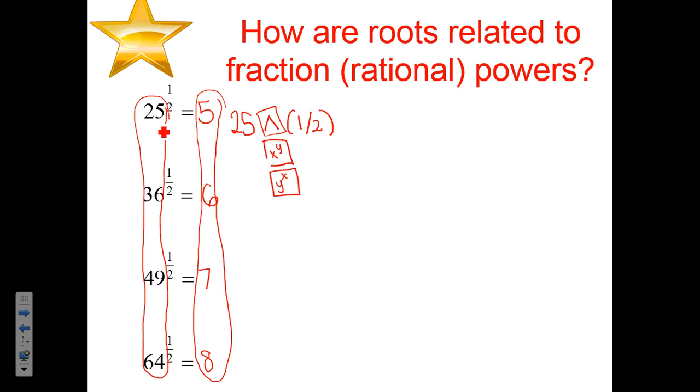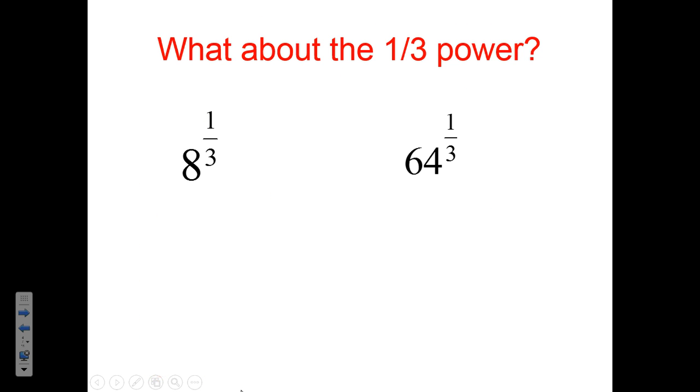So what that means is when I take 25 to the power of 1/2, I am actually taking the square root of 25, or the square root of 36. So the 1/2 power represents a square root. If I want to talk about the 1/3 power, and I put that in my calculator, 8 to the 1/3 power, I would get 2.